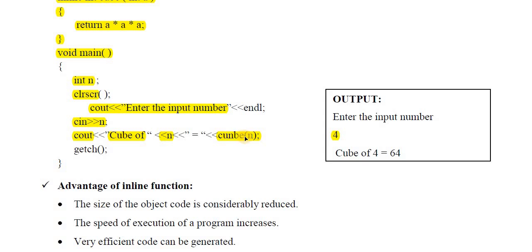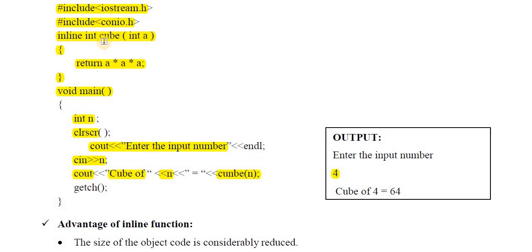Cube n means here we are calling the cube function. The cube function is defined at the top. The n value will be copied when we call the cube function. Since cube is an inline function, the computer will transfer this complete inline function into this line.